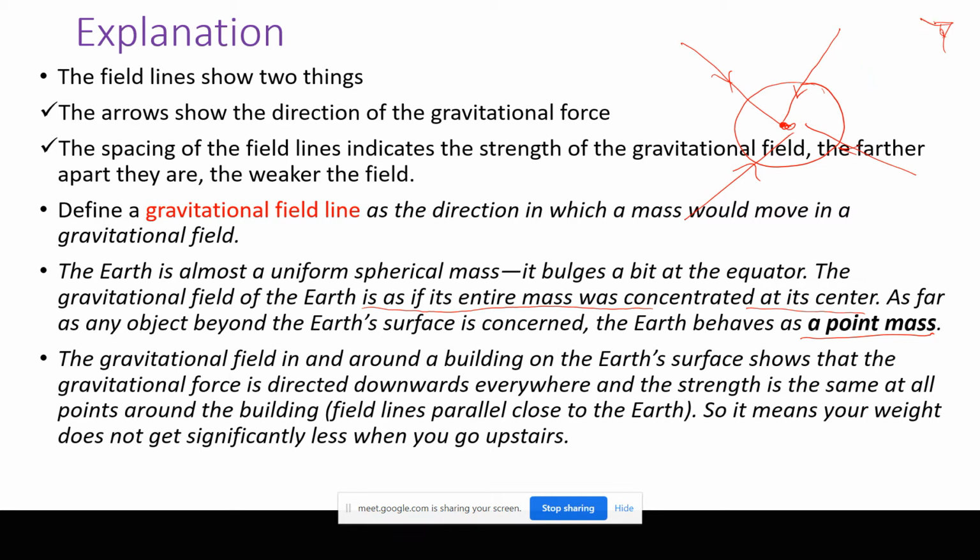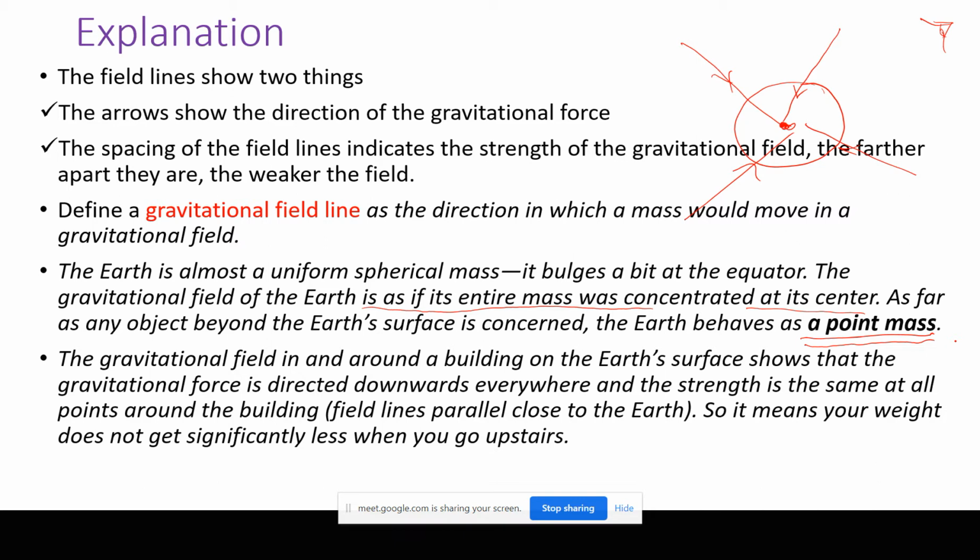The word point in science refers to a small point. So the Earth is being treated like a point mass.